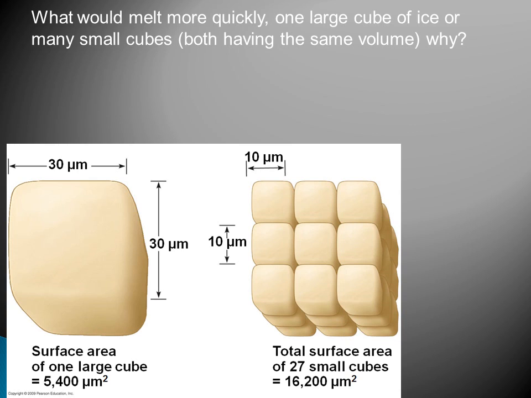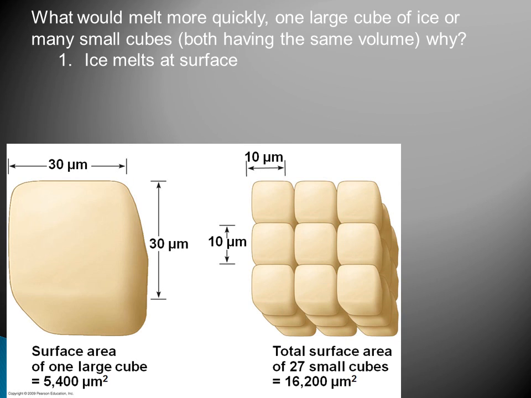We can look another way. Take a big block of ice, set it outside in the summer, and you can see how long it takes to melt. You can take that same block of ice, crush it up into little pieces, put it outside, see which one melts quicker. The reason this can be used as an analogy for surface area to volume is that ice melts at the surface.